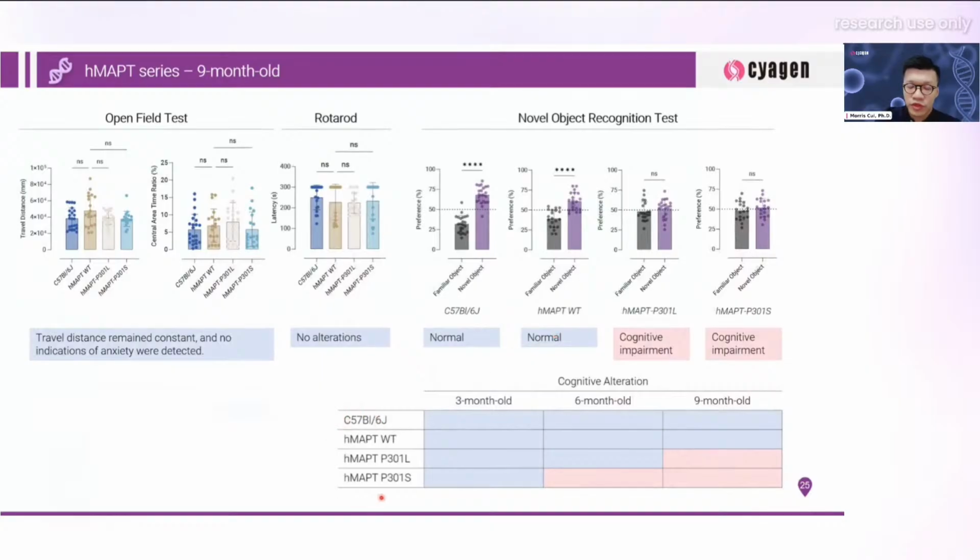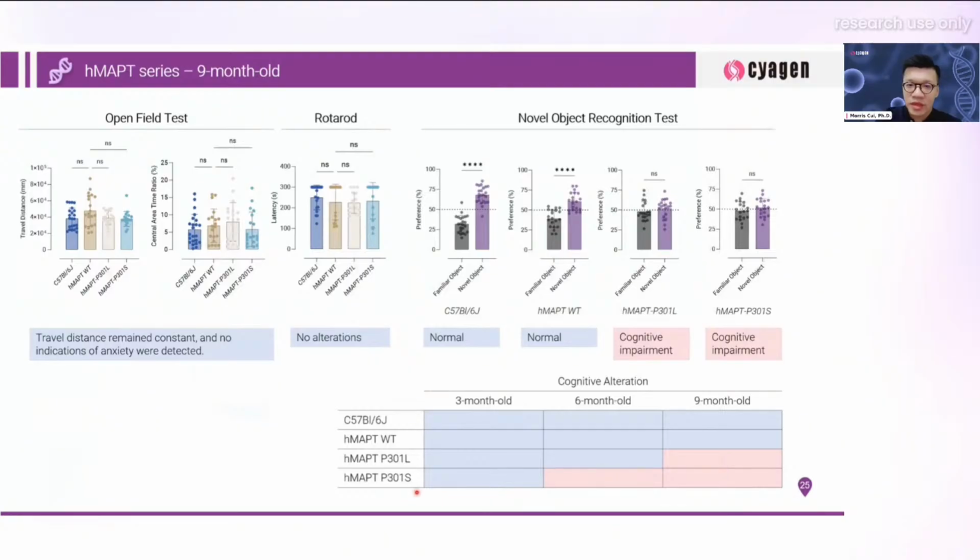Across all 4 strains, we didn't see any pathology in the black 6. Naturally, we also didn't see any pathology in the HUGO wild type, meaning the human MAPT gene works properly in the mouse. However, we did see a pathology in the P301L mutation by 9 months old, indicating this is a late onset, slowly developed cognitive impairment.